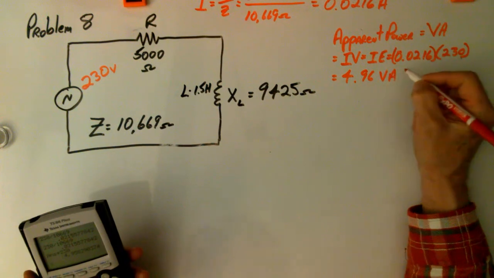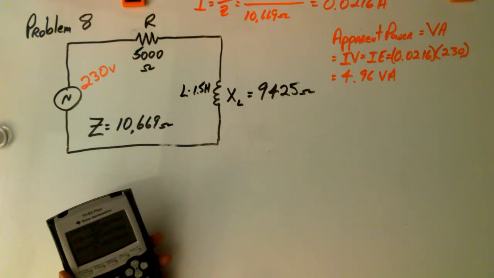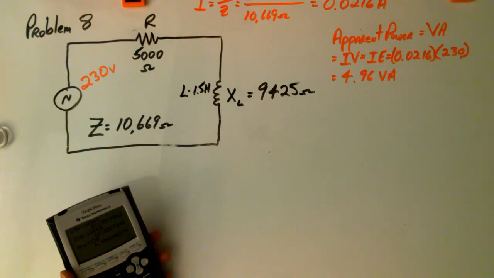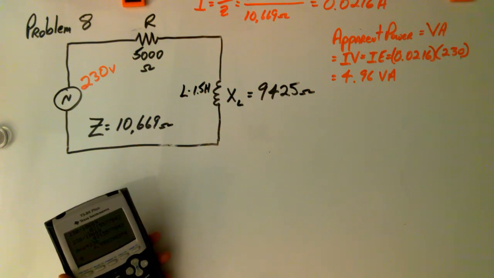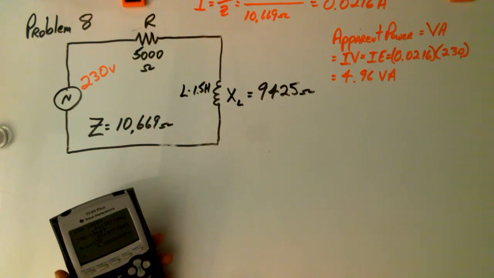Now that's apparent power. You only have apparent power in AC circuits. You don't have it in DC circuits. So that's our apparent power.